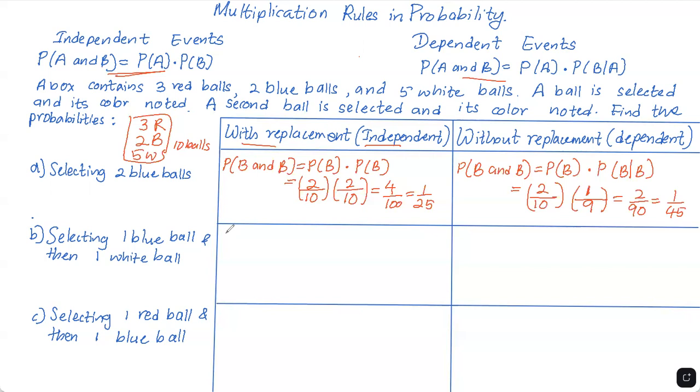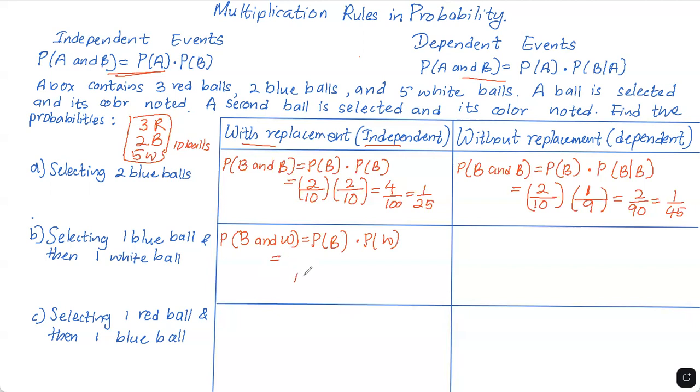So let's look at this second probability, selecting 1 blue ball and then 1 white ball. That means the probability that the first ball is blue and the second ball is white. With replacement, you can use the probability of the first ball times the probability of the second ball.